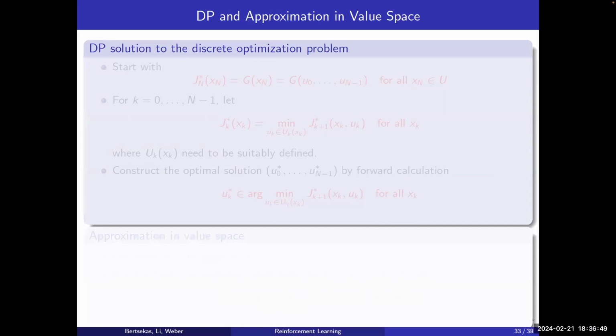In particular, if we want to solve it by dynamic programming, we start with this given function g of u, which in the context of dynamic programming would be the optimal cost of the terminal stage, the last stage, which we denote by standard notation J_N star of x_N, which equals the terminal cost g of x_N, where x_N is the complete solution.